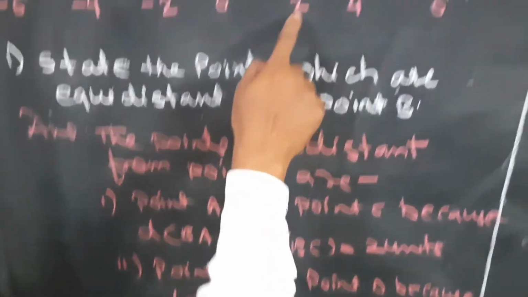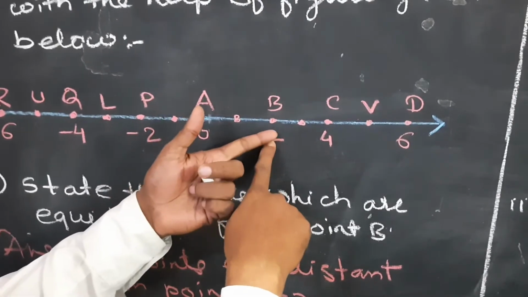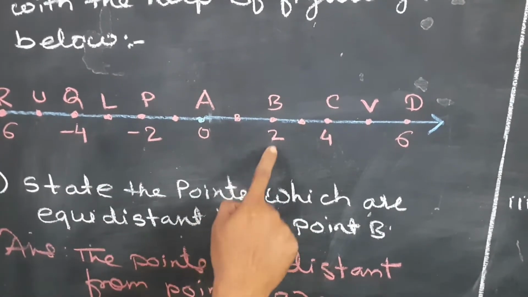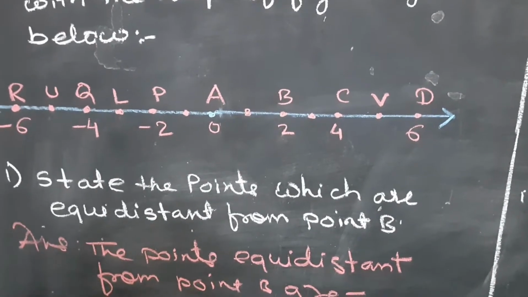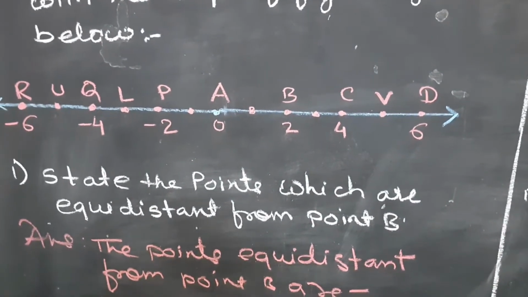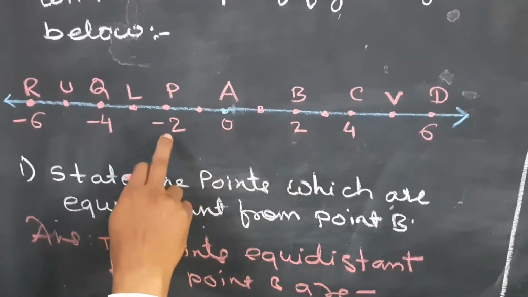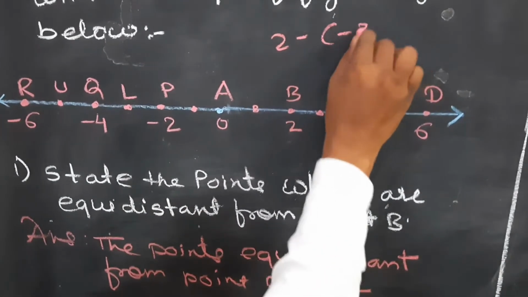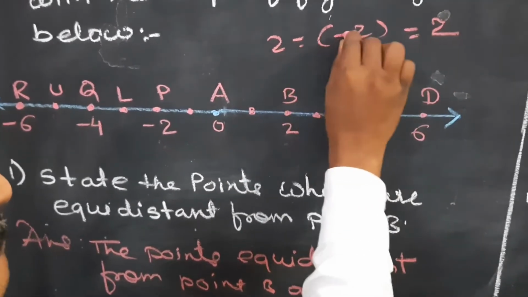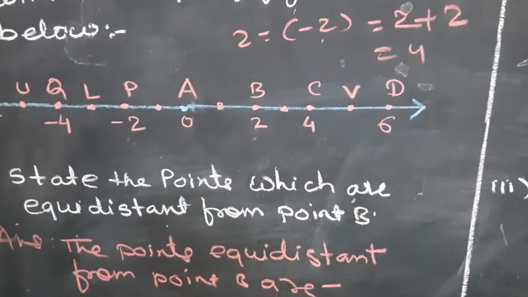How much will the distance be? If you compare point P and point B, which one is greater? 2 is greater and -2 is smaller. As we know, we have to subtract the smaller number from the larger number. Your smaller number is -2 and your larger number is 2. So 2 minus (-2), minus and minus will become plus. So 2 plus 2 becomes 4.